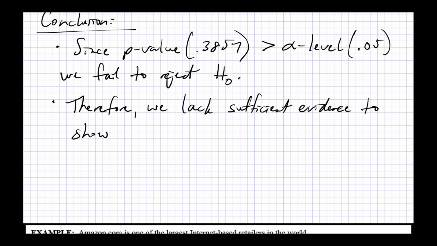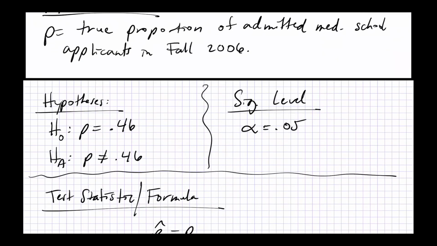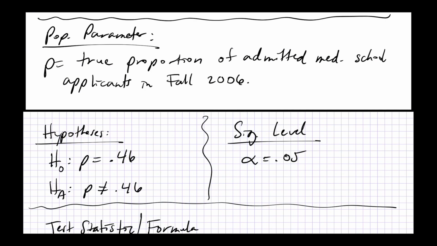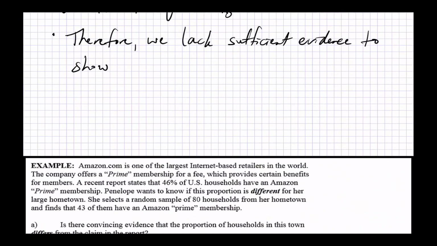So we go back to the alternative hypothesis. The alternative hypothesis said P is not 0.46, right? What is P? The true proportion of admitted medical student applicants.